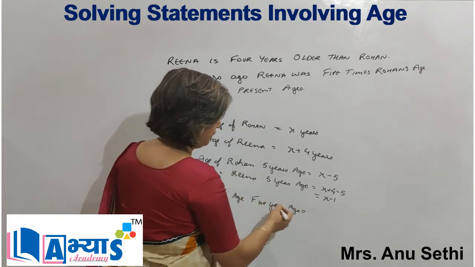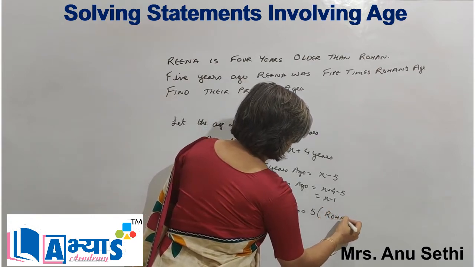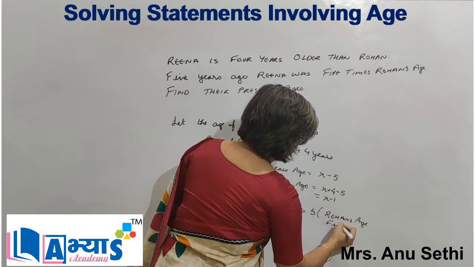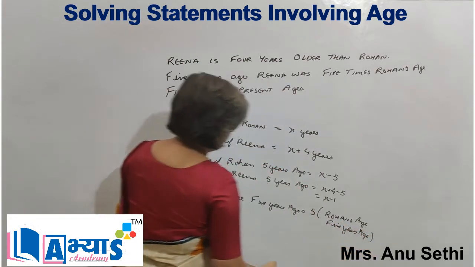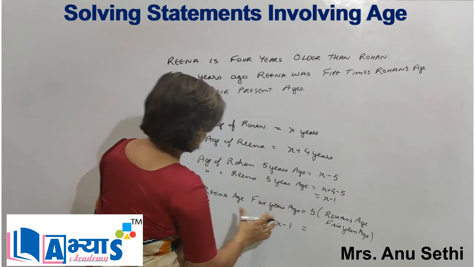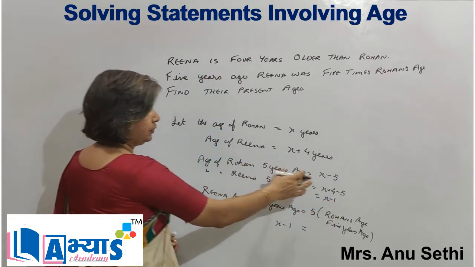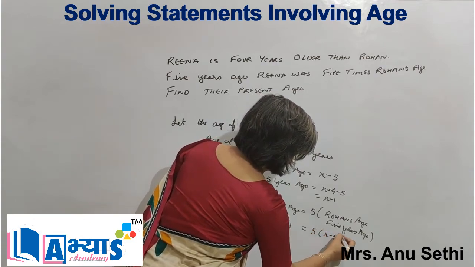So Reena's age 5 years ago is equal to 5 times Rohan's age 5 years ago. So we can say x minus 1, because the age of Reena 5 years ago is x minus 1 and the age of Rohan 5 years ago is x minus 5. So 5 into x minus 5.